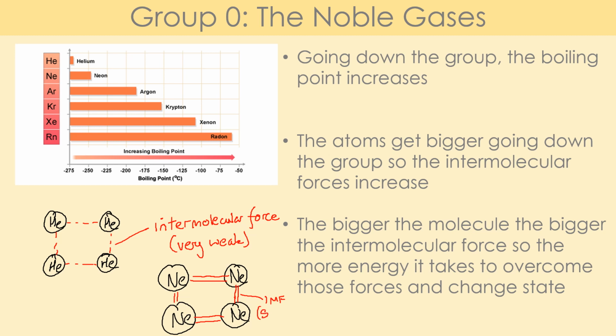This one is stronger than helium's. But still very, very weak. It doesn't take a lot of energy to overcome it. You need to know that going down the group, the boiling point increases, and our reason why.